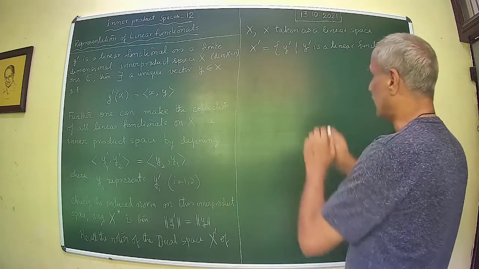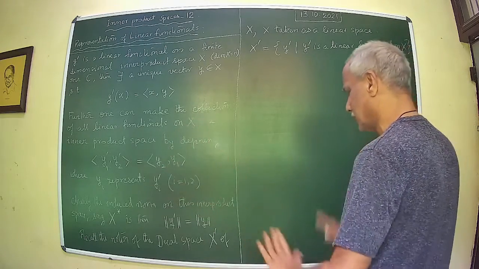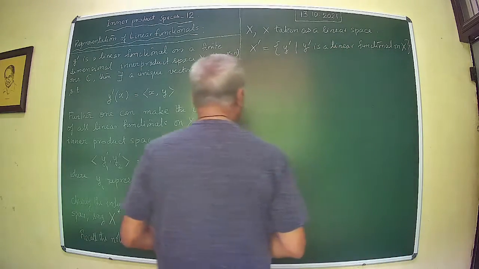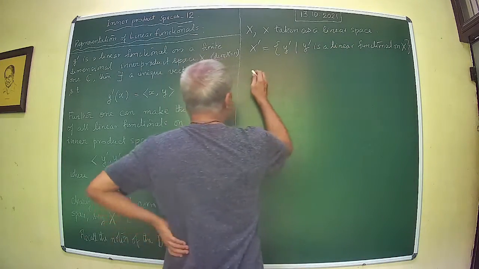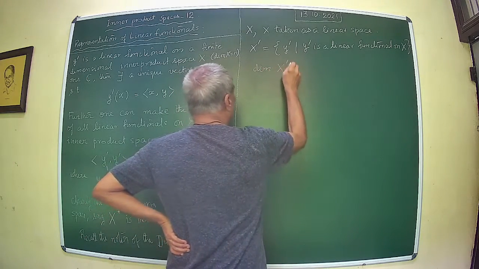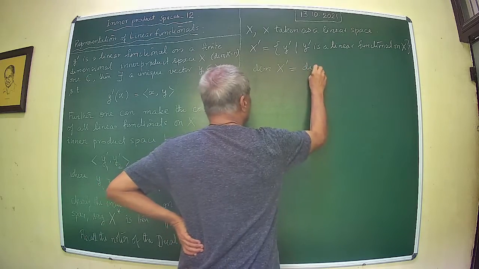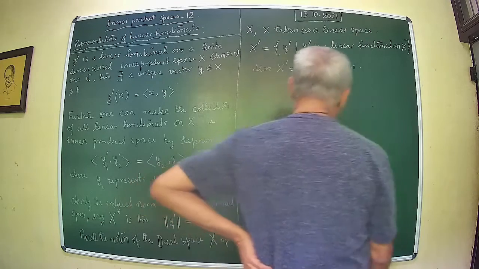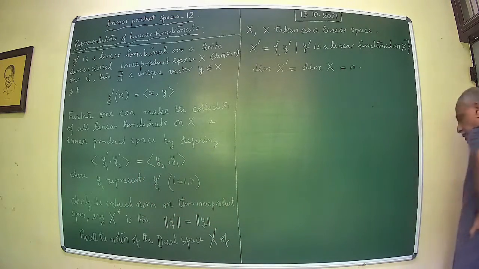You know that this is a linear space, and we have already explored the structure in the general scenario. And what we know is that dimension of x prime equals dimension of x, which is equal to n. This is one of the results that we have.